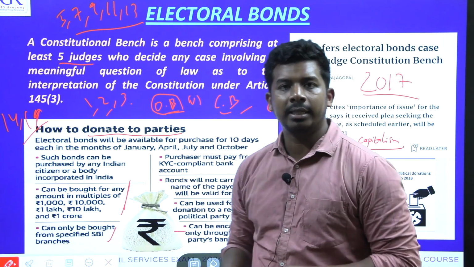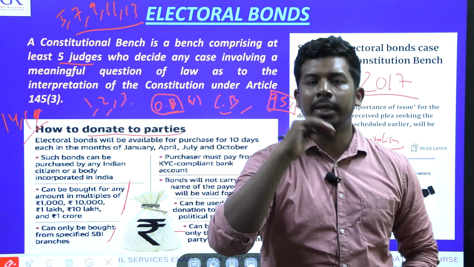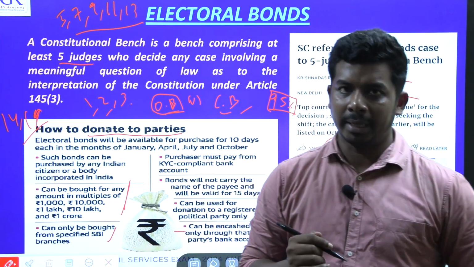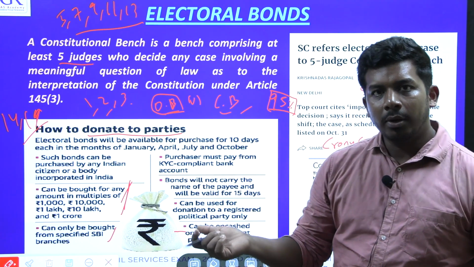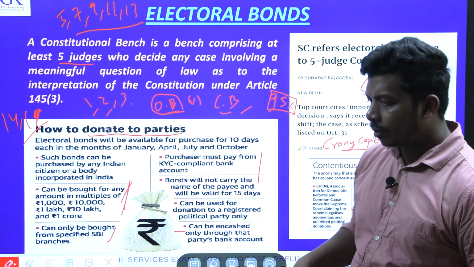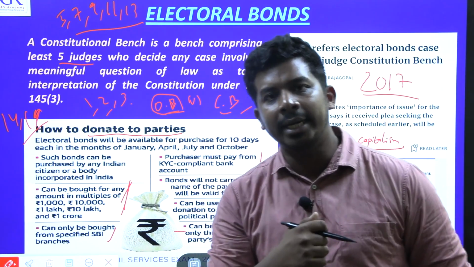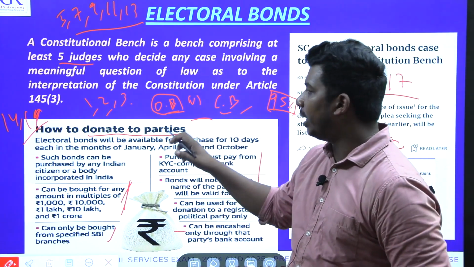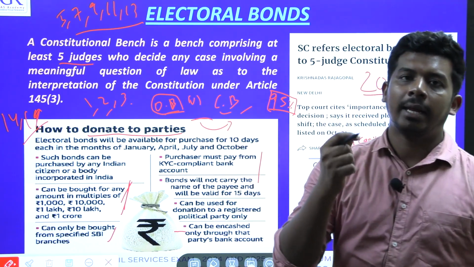When he buys, he will get that bond in hand. Then he has to give that bond to the political party he wants to donate the money to. That political party will encash the bond in an account, details of which the Election Commission of India maintains. So every political party will have a bank account, and those details will be maintained with the Election Commission.